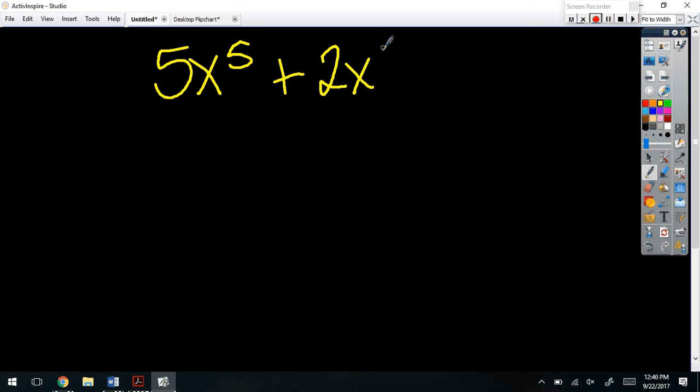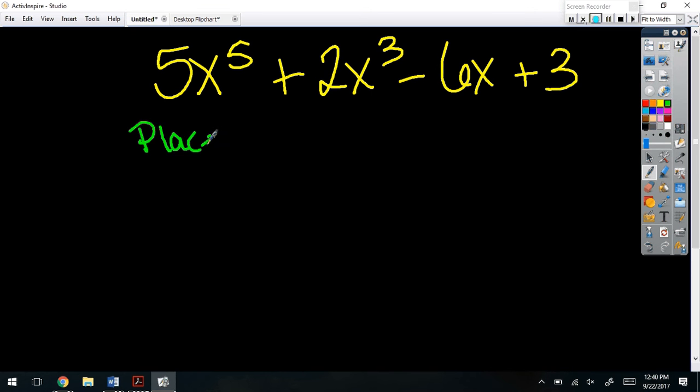Actually, I got one more thing to tell you. In long division, it is very important that you have what we call placeholders. Placeholders do exactly what it sounds like they do. They hold the place.